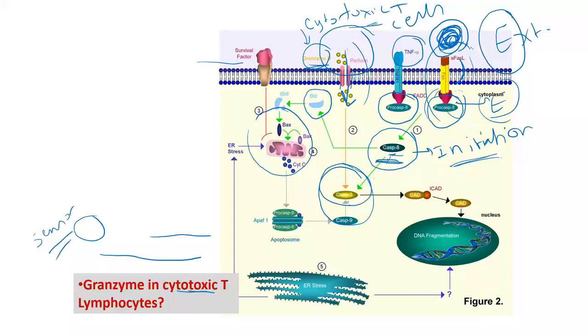Second, it will be activated by the mitochondrial pathway secondary to activation of caspase 8, and so mitochondrial pathway will help in killing the cell by apoptosis in case of cytotoxic T cell.